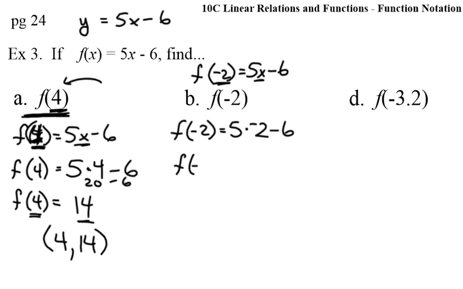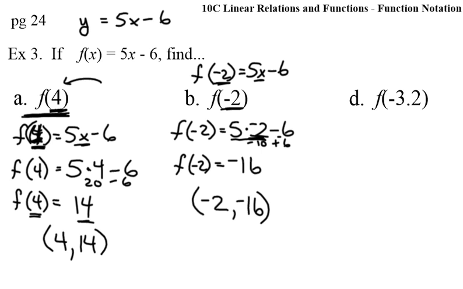So the function at negative 2 gives us a value of, order of operations, negative 10 minus 6, negative 16. So what do we know from that statement? When we have an x value of negative 2, our y value is negative 16. Function simply tells you what to use for x.